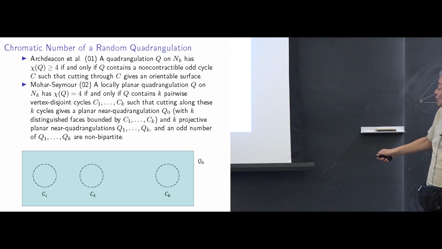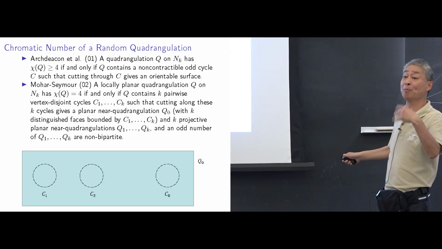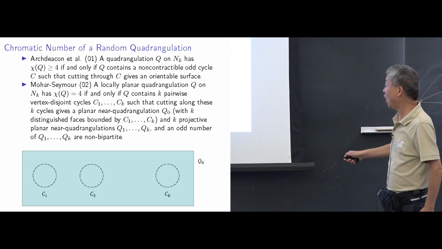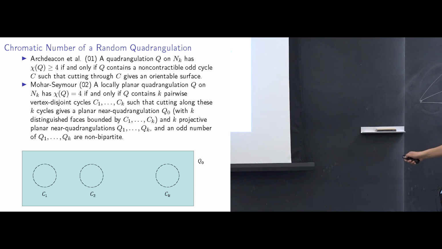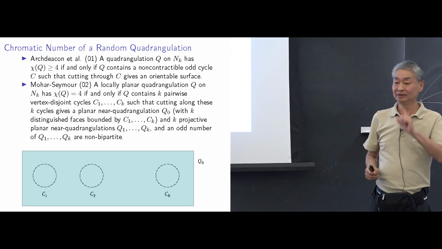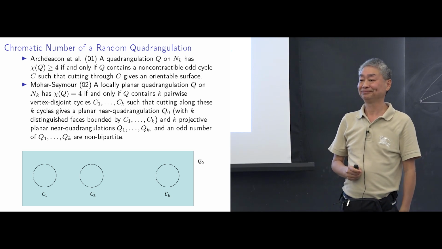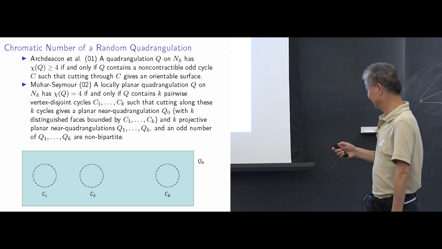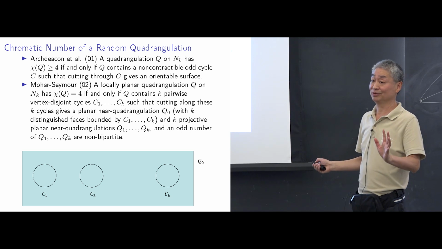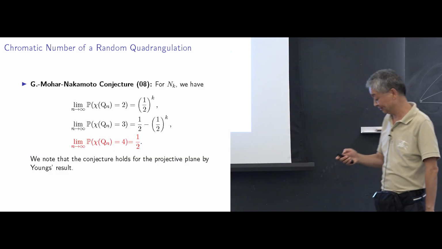Some of those near-quadrangulations on the projective plane may be bipartite, may be non-bipartite. But if all of those are non-bipartite, then the whole thing has chromatic number 4. Otherwise, the chromatic number is less than 4, it's 3 or 2.